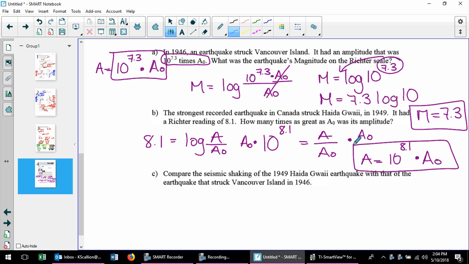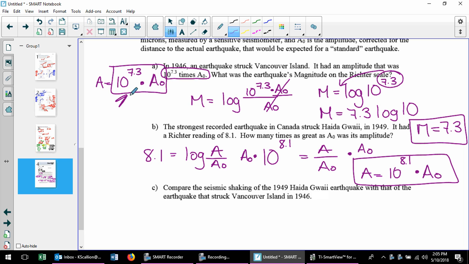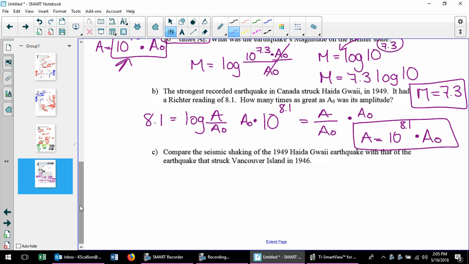Okay, so it says compare the shakiness of the 1949 earthquake with the earthquake from 1946. So what's the A value of the 46 earthquake? Not 1. So when you're comparing them, which one goes on top? The first one or the second one?